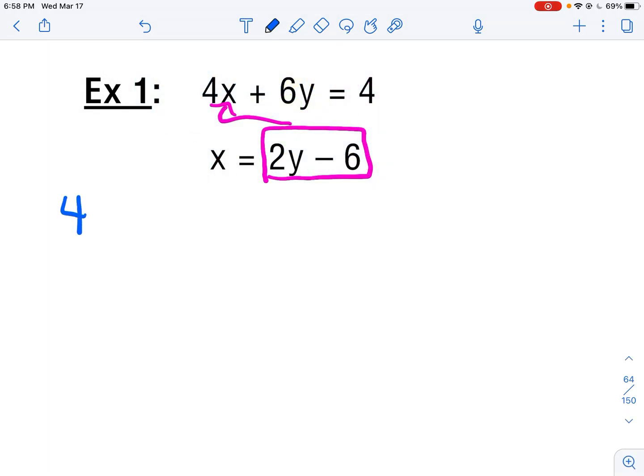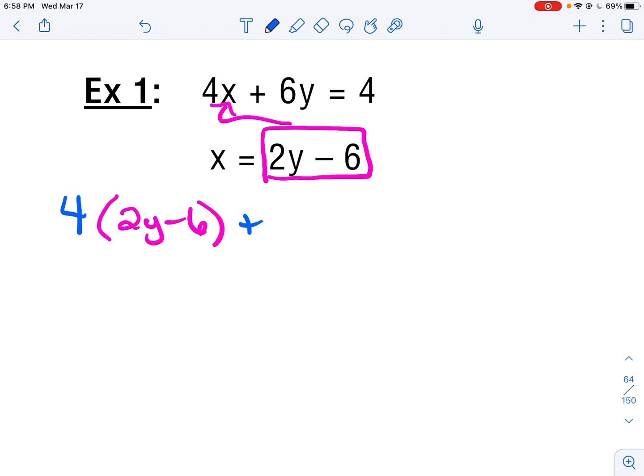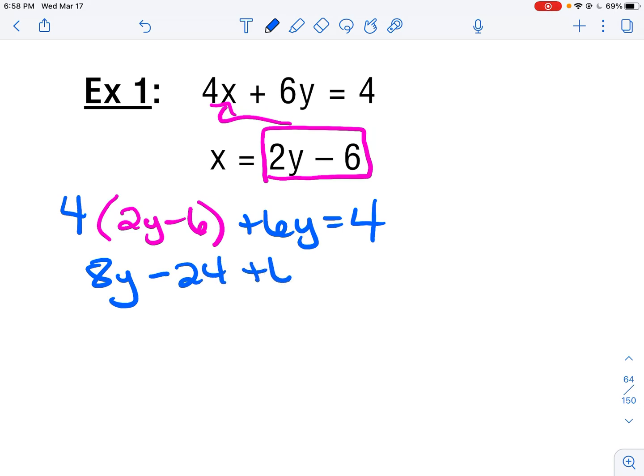So I have 4 times what x equals, 2y minus 6, plus 6y equals 4. And I'm going to solve. All I did was replace the x with 2y minus 6. So I'm going to get 8y minus 24 plus 6y equals 4.